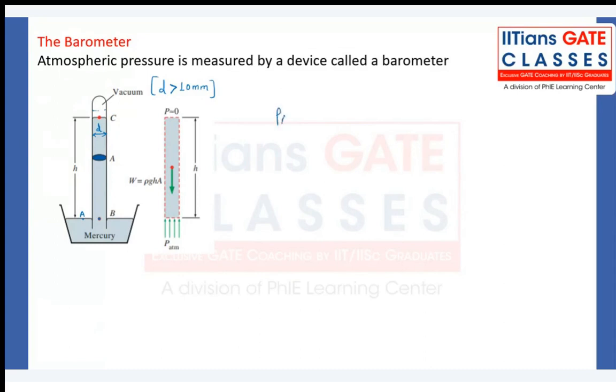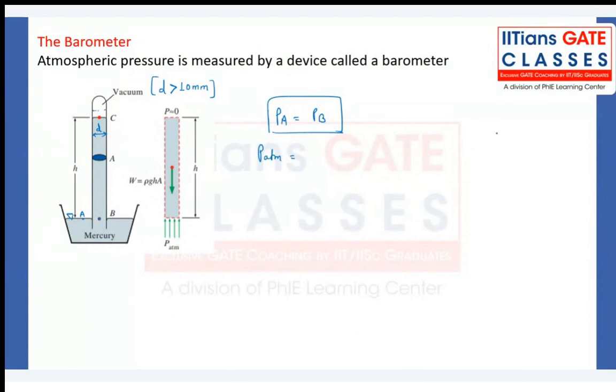Can we say pressure at A equals pressure at B? We can say that very comfortably, right? Now, when the pressure at point A and point B is exactly the same, what can we write? At A, what is the pressure which is acting? Can we say atmospheric pressure? P atm is acting.